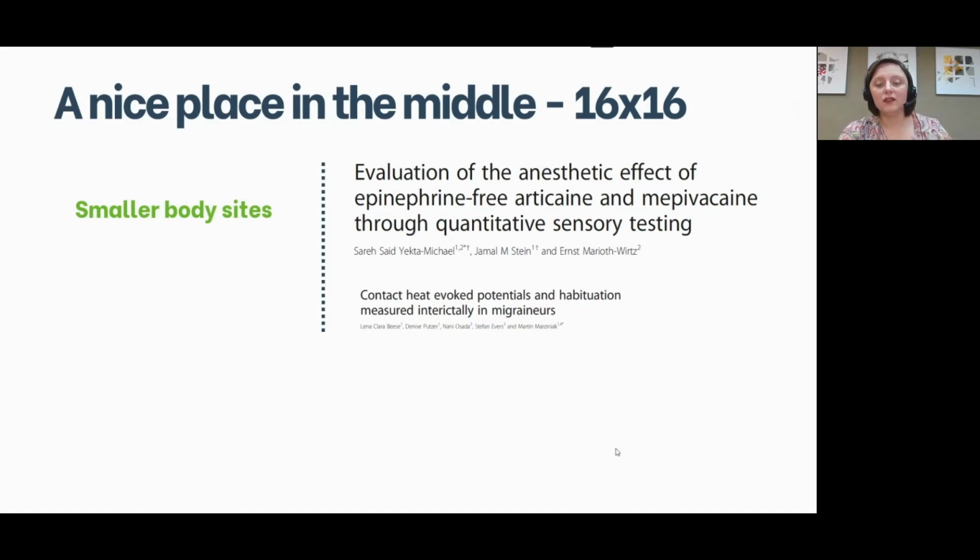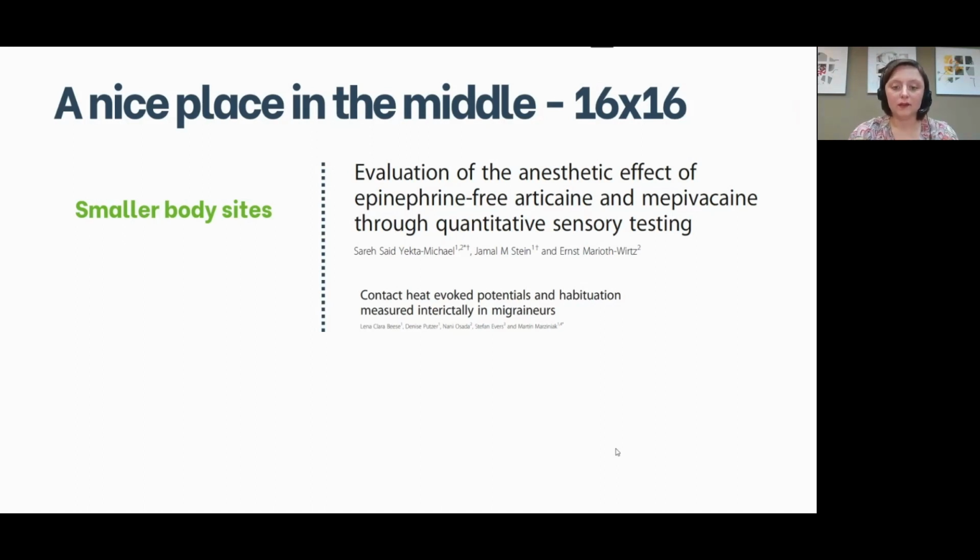For example, if you're a clinician and among your pain patients you have migraine patients, and you need to apply the stimulation on the face, you might consider working with the 16 by 16. We have pain centers in the world that have the 30 by 30 for applying it on extremities, on legs and the hand, and the 16 by 16 to apply it on the face of migraine patients.